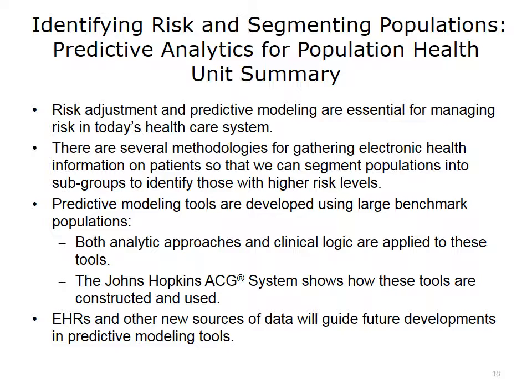Both analytic approaches and clinical logic are applied to these tools. We looked at a commonly used predictive modeling tool, the Johns Hopkins ACG System, to learn how these tools are constructed and used. And lastly, EHRs and other new sources of data will guide future developments in predictive modeling tools.